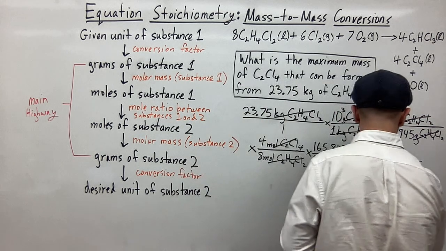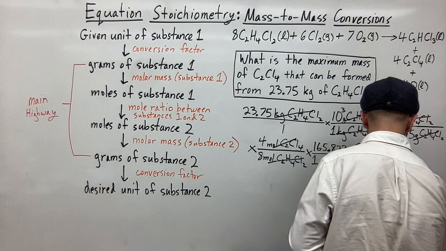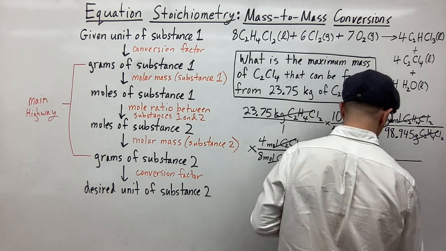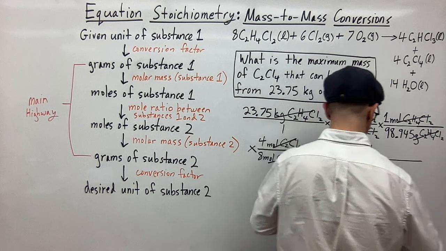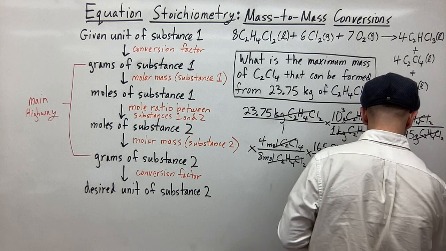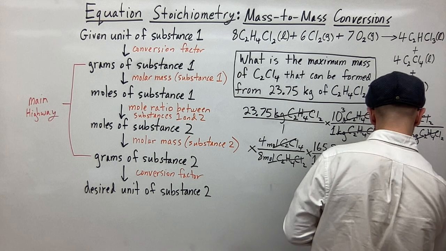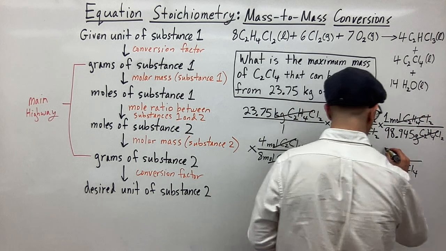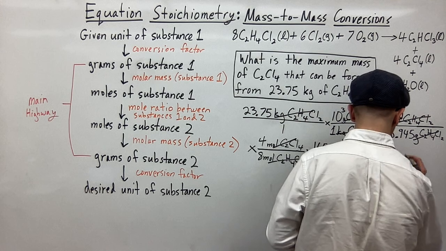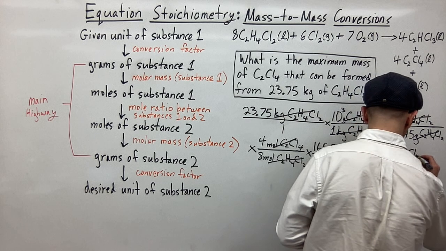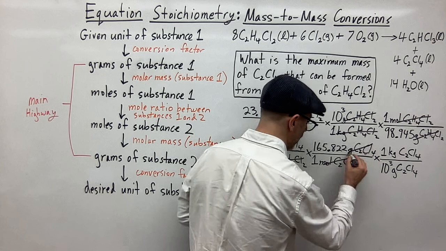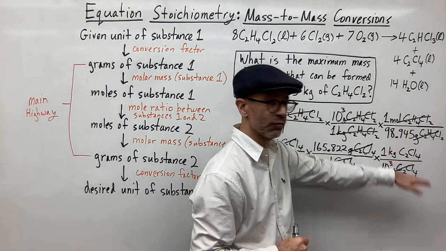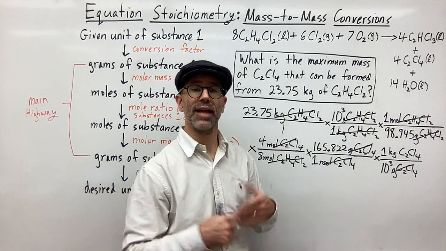So I'm going to put 1,000 grams, or 10 to the 3 grams, of this substance, C2Cl4, and then 1 kilogram of C2Cl4 on top. Now grams of this substance is going to cancel out. Now I have kilograms of C2Cl4. That's the unit we wanted. So now we are done.